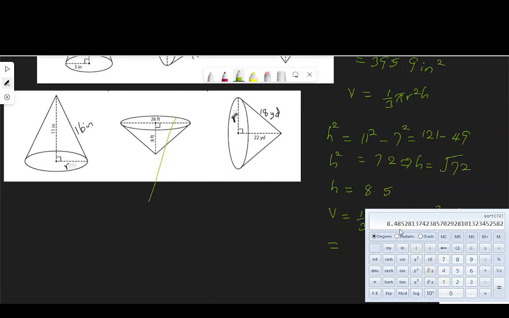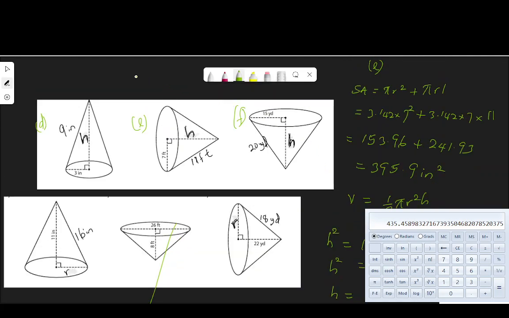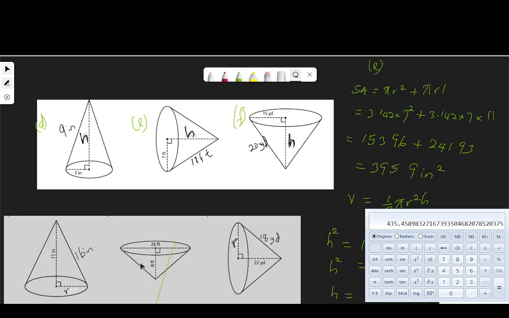So 8.5, which is still here in my calculator, times 49 times 3.142 equal to 1306.4, then divided by 3, approximately 435.5. 435.5 inches cubed is the volume of this cone. That is that for E. Let's move on to F.